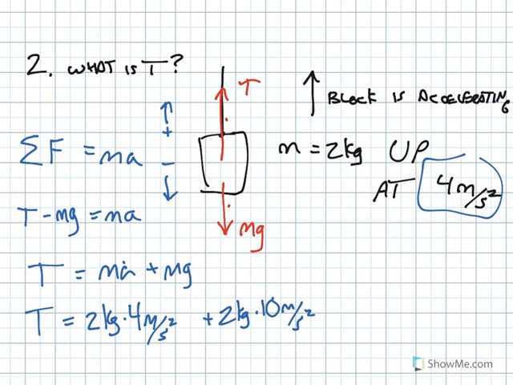Okay, math time here. So 2 times 4 is 8. And a kilogram meter per second squared is also called a Newton. Plus 2 times 10 is 20. So that upward tension is now 8 plus 20, 28 newtons.